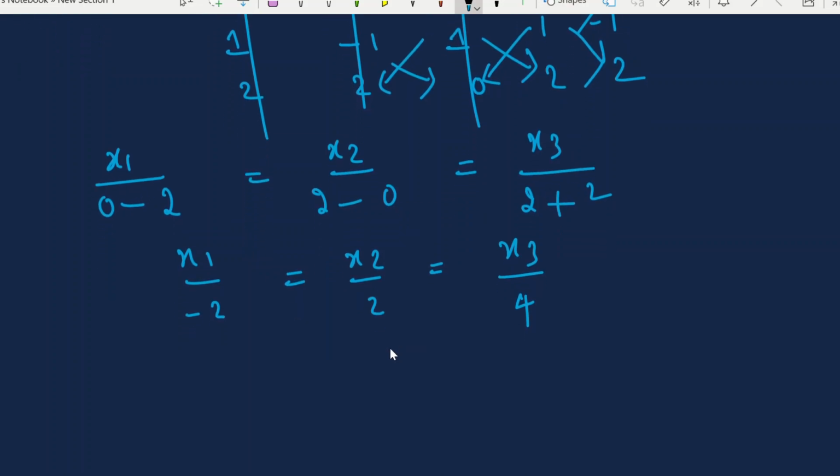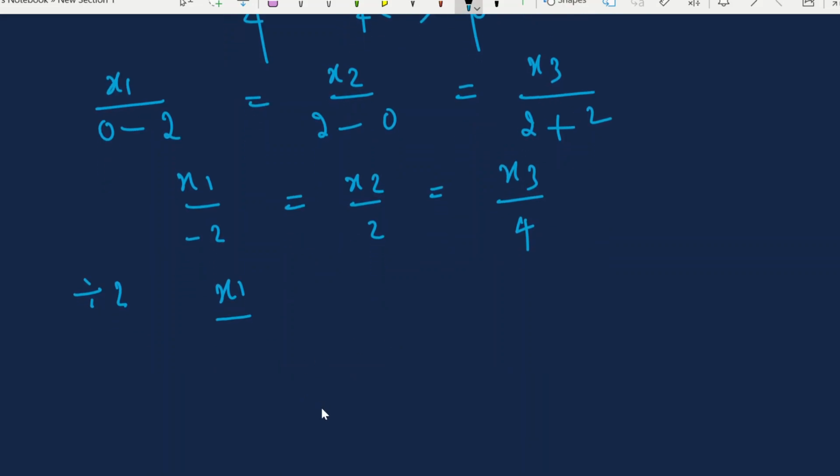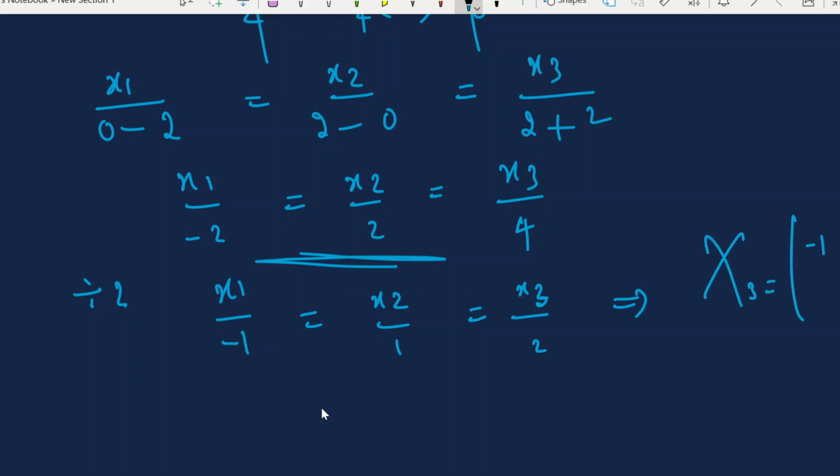Here 2 is the common divisor. If you can find a common divisor, divide the entire expression by it. Dividing by 2, it becomes minus 1, 1 and 2. So this is our third eigenvector: x3 is negative 1, 1 and 2.